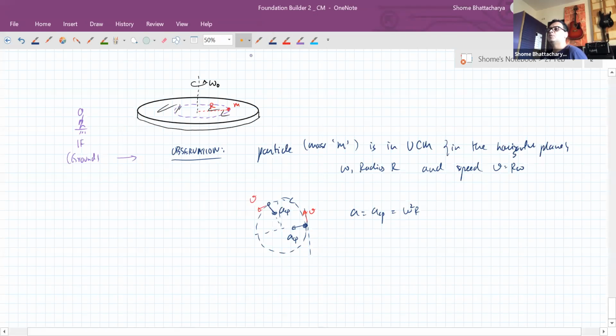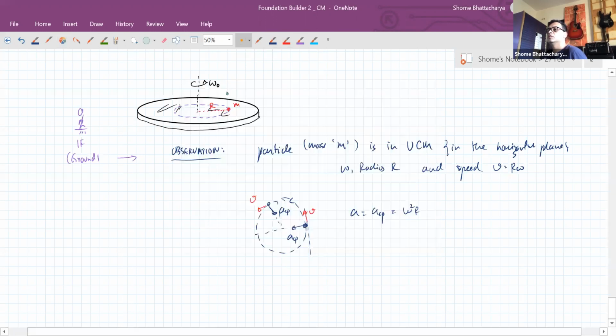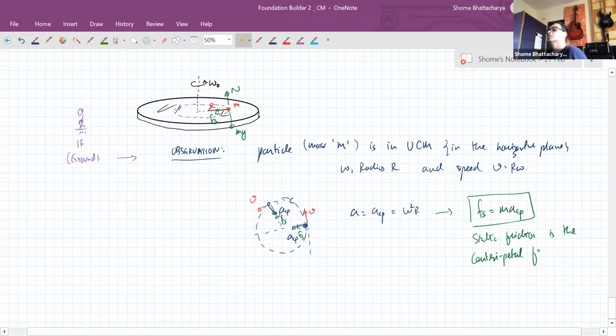So when we make the free body diagram of the particle, the forces acting on it will be normal reaction, weight, and static friction, because it is not slipping with respect to the surface of the disk. So static friction will be the centripetal force. That is a force pointing towards the center and providing the centripetal acceleration.